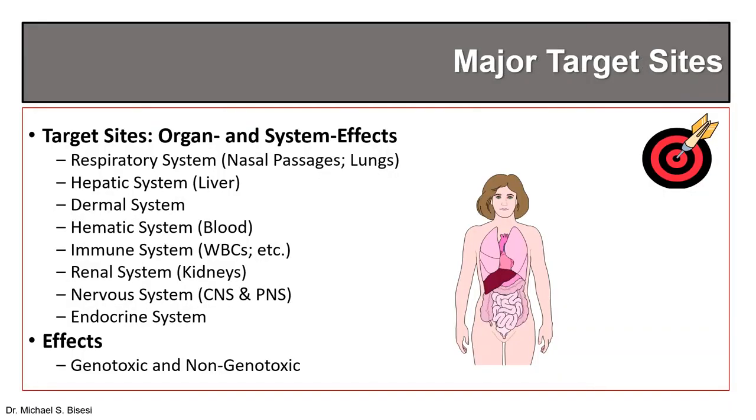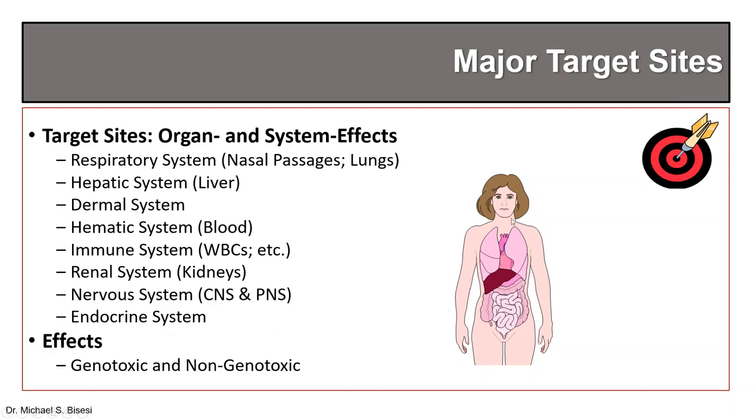And then there's the concept of major target sites. And there's myriad target sites that can be involved. But if you look at this list here, the respiratory system, the dermal system represent where local effects can occur. The rest of these are systemic, and integument should be in here as well. Reproductive system could be added as well.